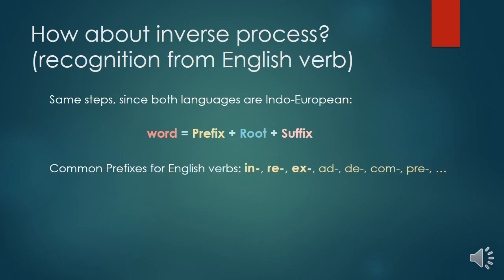In the case of English verbs we need to know some common prefixes like in, that means inside, and re, that comes from repeat, and ex, that comes from extra, and other prefixes like ad, the, com and pre.